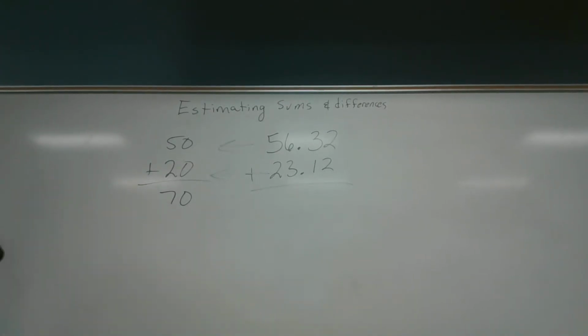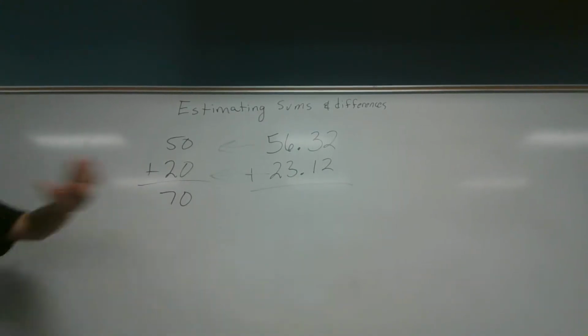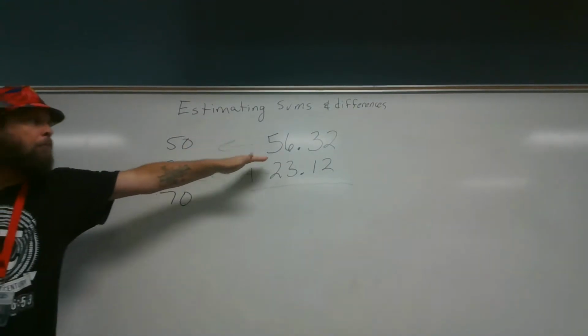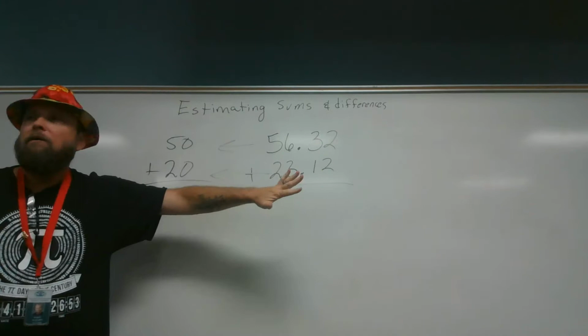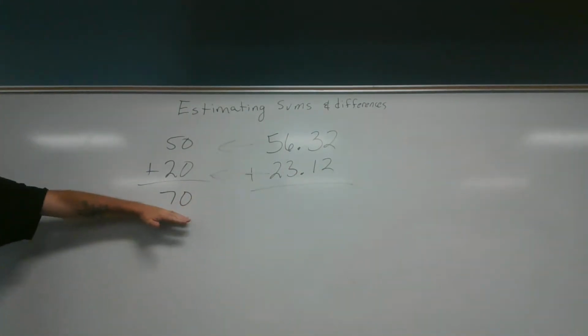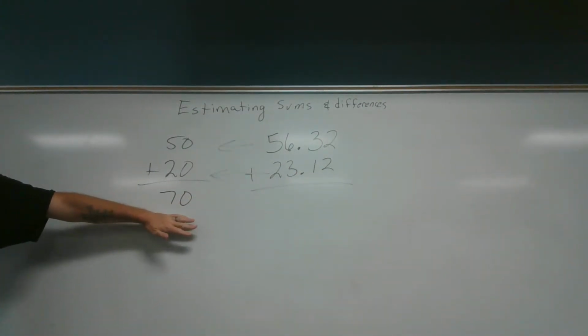So when you add up the ones places, it's going to be greater than 70. Good. So I rounded these down, which means my total sum is actually going to be greater than 70.